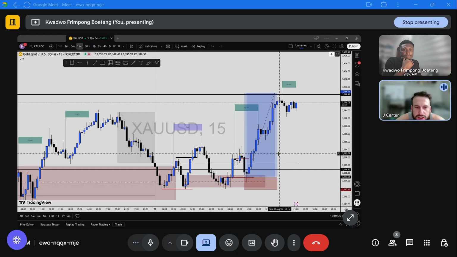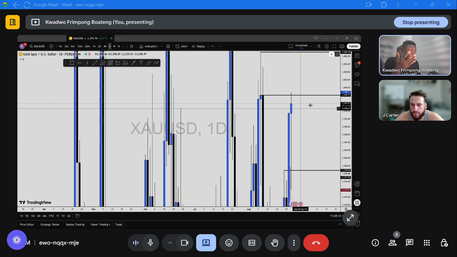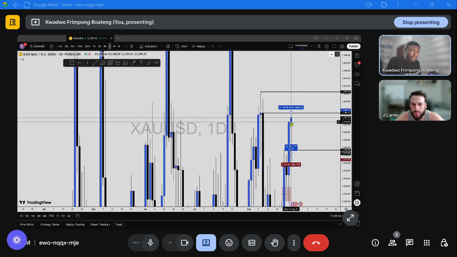How far back do you see price pulling back on gold before it continues? So right now, I will let gold close. When gold closes, I will reevaluate my bias after this candle closes.